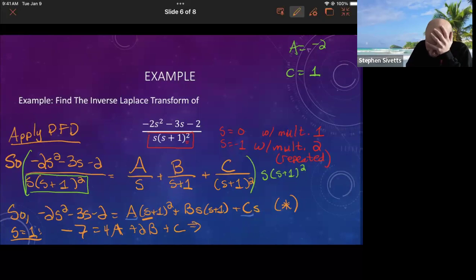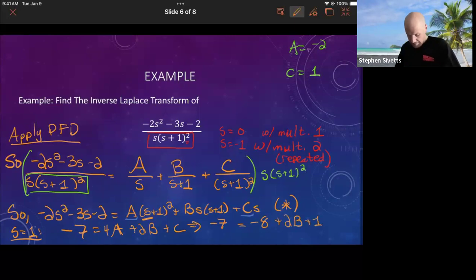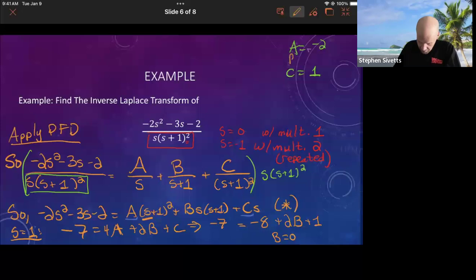So this equation is -7 is equal to -8 plus 2b, and then a plus 1, right? If you add 8 and minus 1 on both sides, you'll get 0, which leads to saying that b is 0. Okay, so, all right.